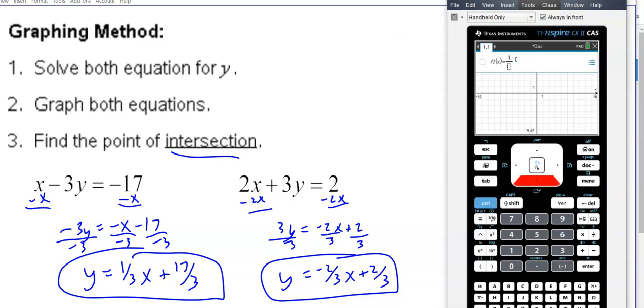So 1/3 x plus, control divide, 17/3. Press enter, hit tab to graph the next line. So negative 2/3 x plus, control divide, 2/3. Okay, so you can see where those two lines cross, and we're going to find the ordered pair of those two lines.